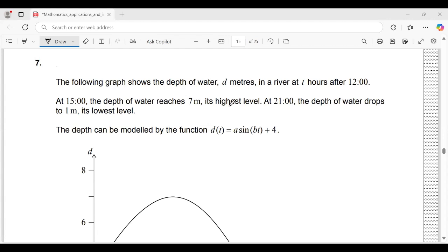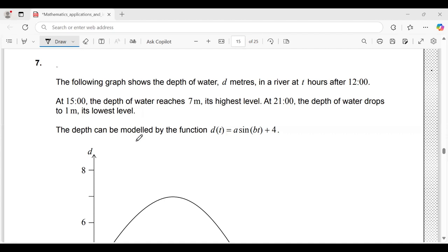It is the highest level, so the maximum level is 7 meters, occurring after 3 hours. At 21:00, the depth of water drops to 1 meter. It is the lowest level, so the minimum level of water.